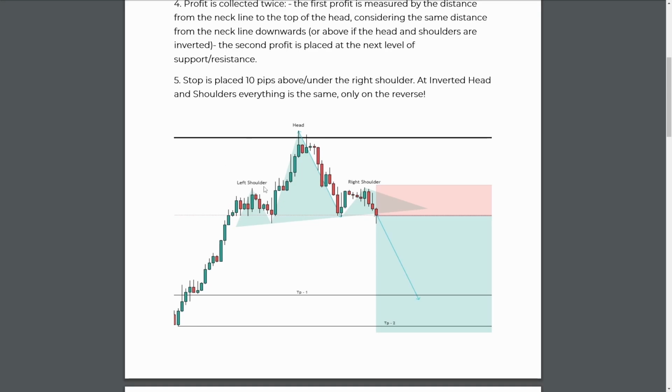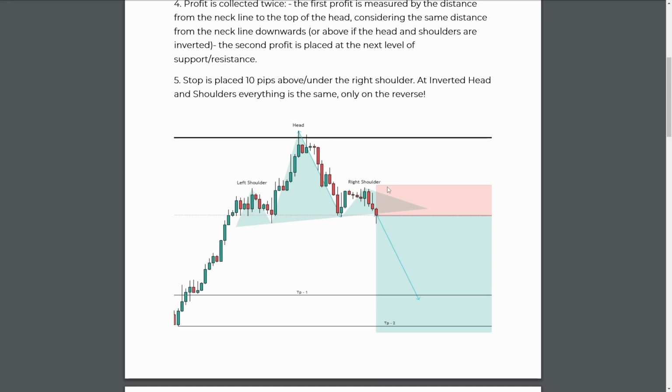Or say the left shoulder is formed up to the weekly level, the head is also up to the weekly level, and the right shoulder is also up to the weekly level. Then you will probably just have some sideways movement, but it will not be a head and shoulders. The requirement for the head and shoulders is that the shoulders are smaller than the head.